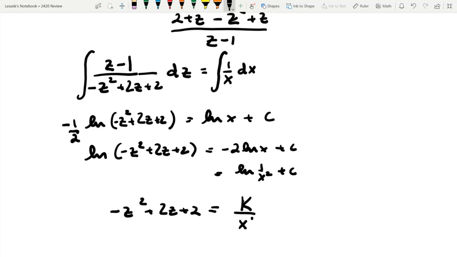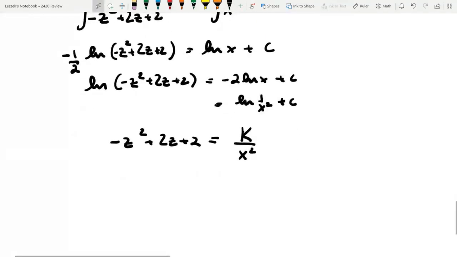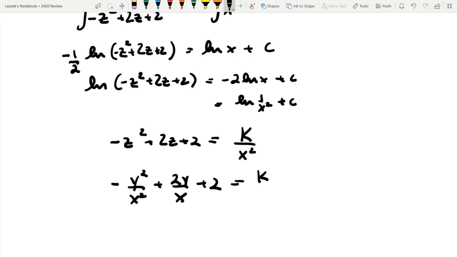So after exponentiating both sides, we just don't want to forget to replace z. Okay. And so that's a general solution. It's an implicit solution. Awesome.